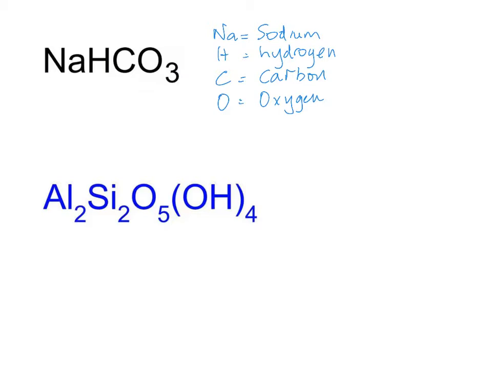Our ratios are 1 Na to 1 H to 1 C to 3 O's. And that means we've got 1, 2, 3, 6 per formula unit.